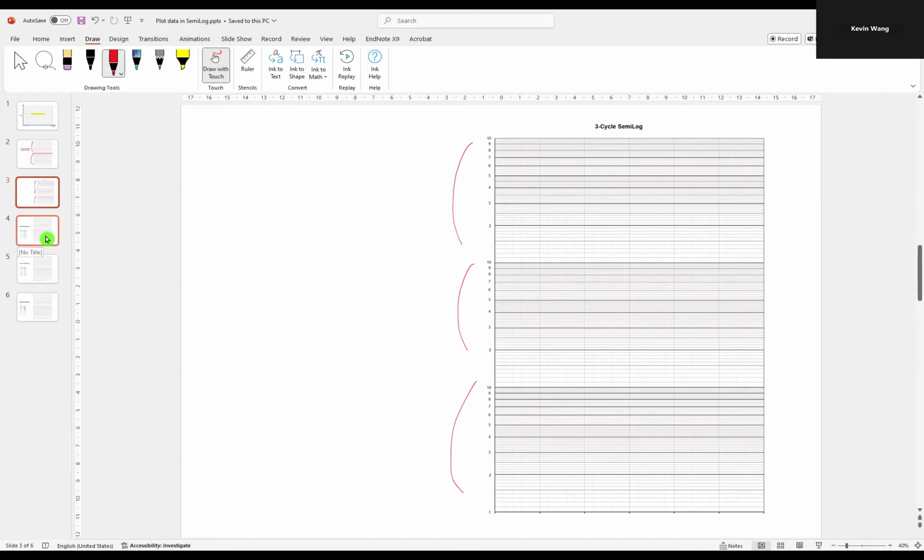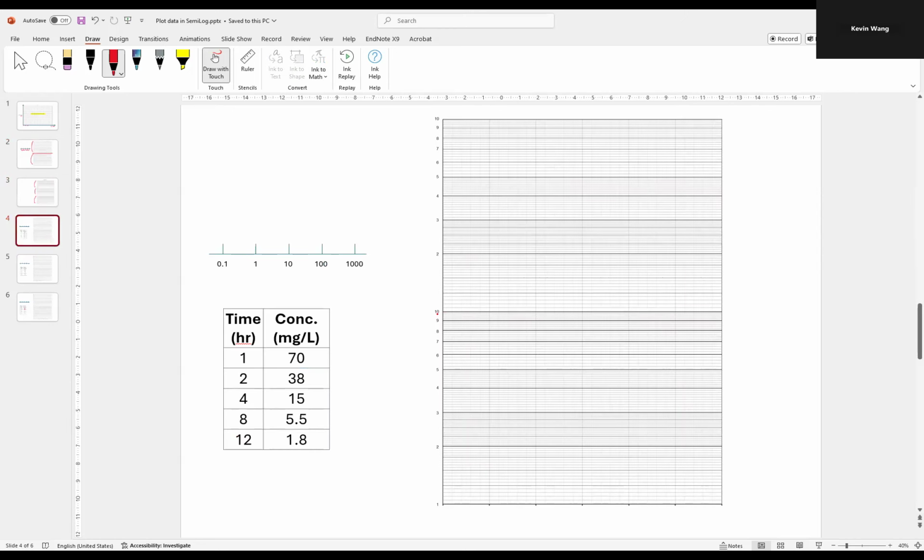So the next thing we have to know is how to label the y-axis. For the cycle, we start with 1, right? Either from 0.1, 1, or 10, or 100. It really depends on the data you have. So let's make it easier. Let's start with 1. So this is 1, 2, 3, 4, all the way to 10. That's very important for the next cycle.